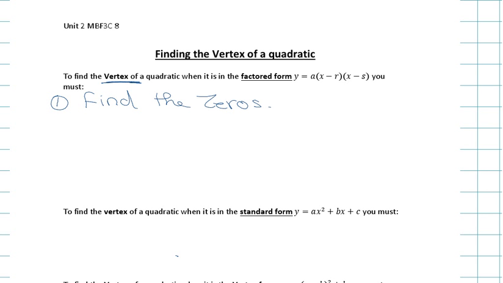Remember, the goal is we're finding the vertex. After I find the zeros, what do I do? Find the axis of symmetry, by adding the 2 zeros and dividing by 2. This is how I find the middle.